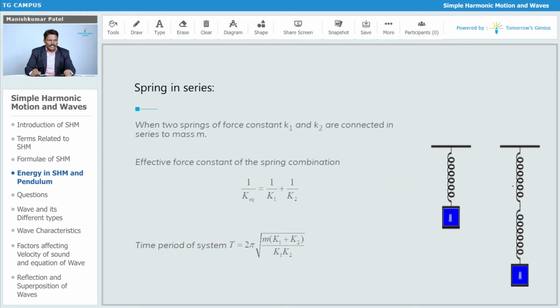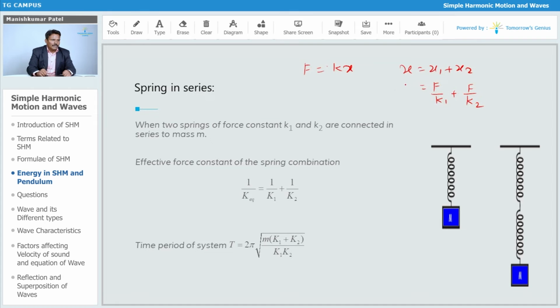Now if I connect two springs of different spring constants in series combination, what is the value of the spring constant? So 1 upon k equivalent is equal to 1 by k1 plus 1 by k2. Obviously the resultant extension x is equal to x1 plus x2, and F is equal to kx, so F upon k1 plus F upon k2.